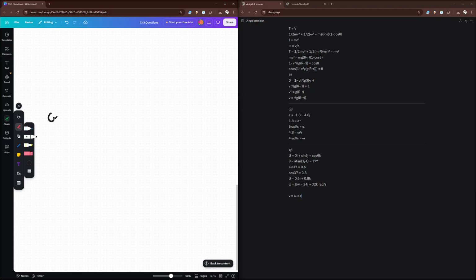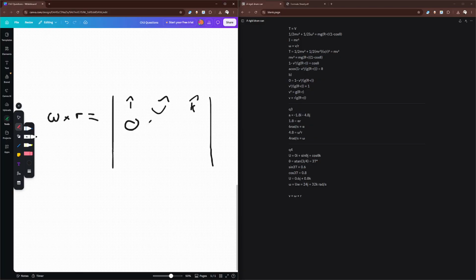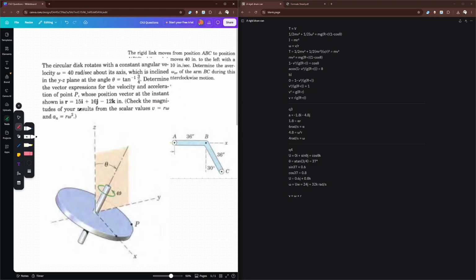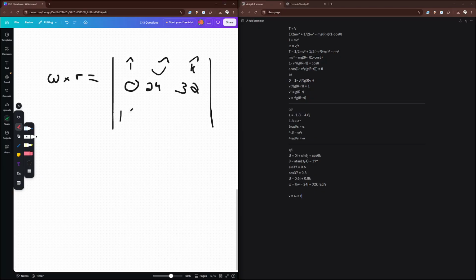We have omega cross r is equal to i, j, k, and these are supposed to be hats, not dots, then we have 0, 24, and 32. And then for the position vector, we had 15, 16, negative 12, right?